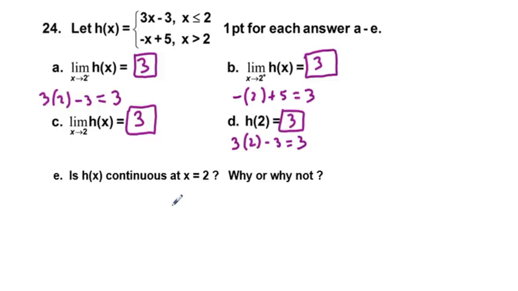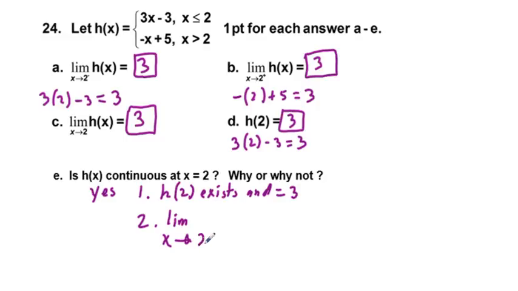Okay, E, is h of x continuous at x equals 2? Why or why not? And the answer is yes. And then we need to give the conditions. 1, h of 2 exists and is equal to 3. 2, the limit as x approaches 2 of h of x exists and is equal to 3.